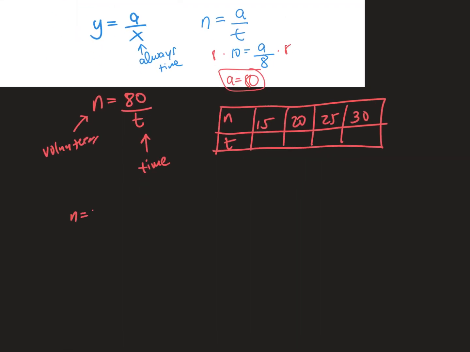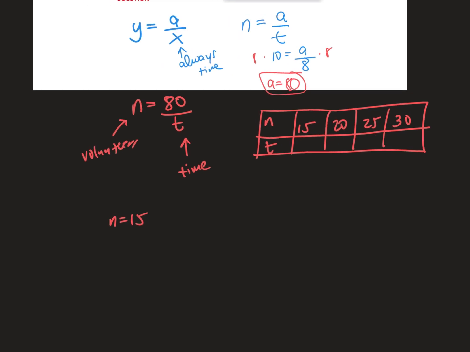So when n is 15, I'm going to plug this in. What's my equation? If I have an n value and I have an equation, how do I solve this? Plug in.